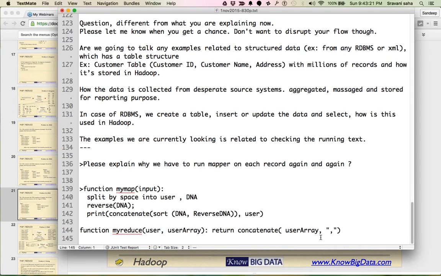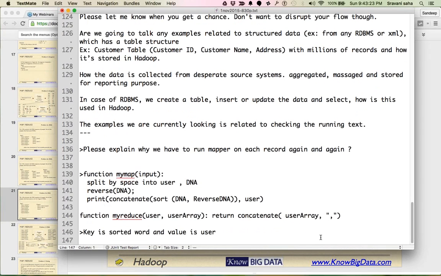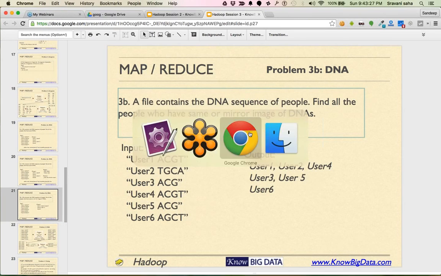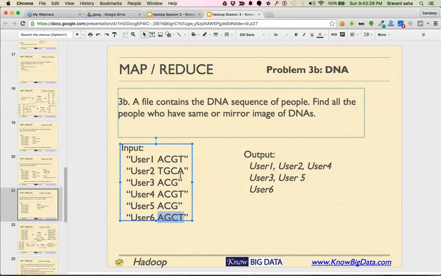Now Sushant says this. Do you agree with this? Key is the sorted word and value is the user. If you look at it, AGCT and user one, I mean user one and user six will come together. Because if you sort the characters of ACGT, it will also generate ACGT.